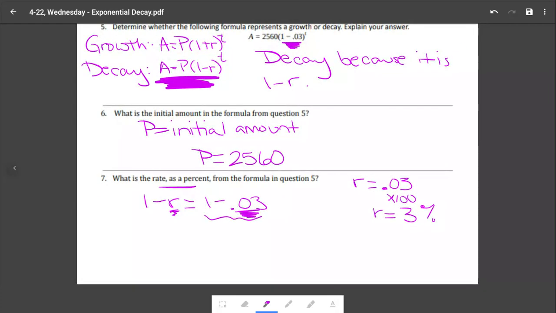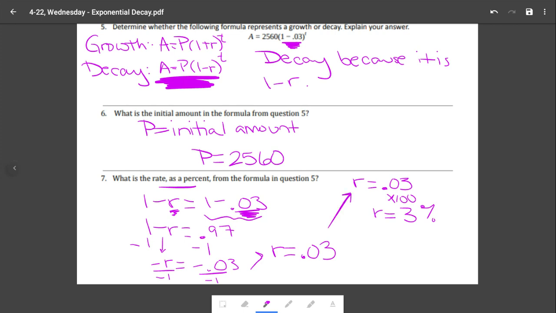Or if you did the 1 minus 0.03, you get 0.97. Subtract the 1, you get negative r equals negative 0.03. Divide out the negative. So you get r equals 0.03, which is what we had up here. So again, multiply by 100 to get the 3%.